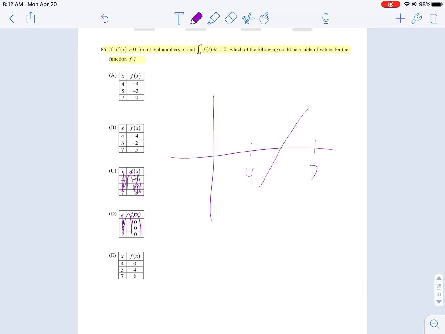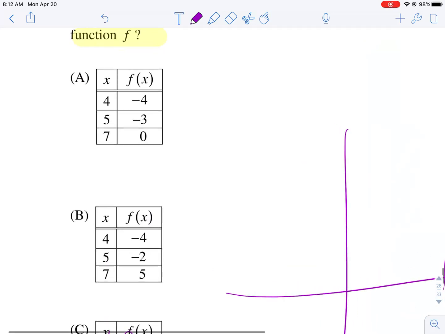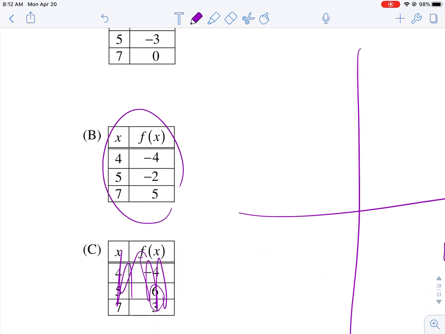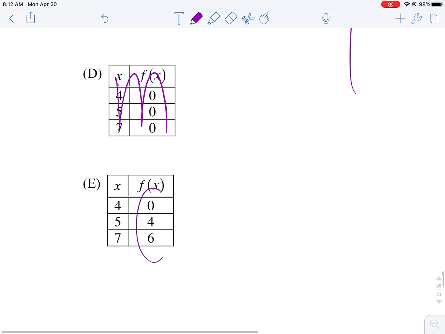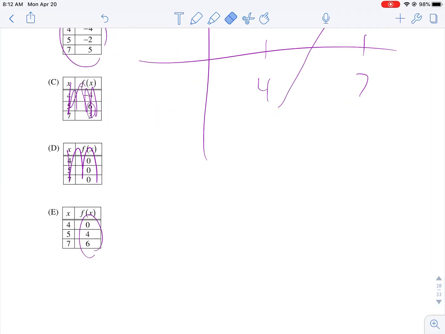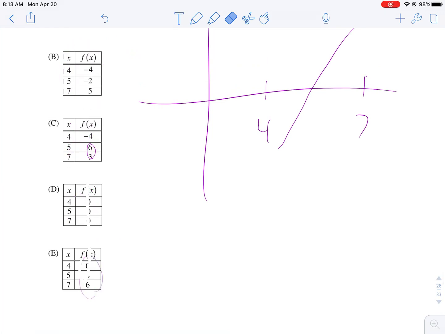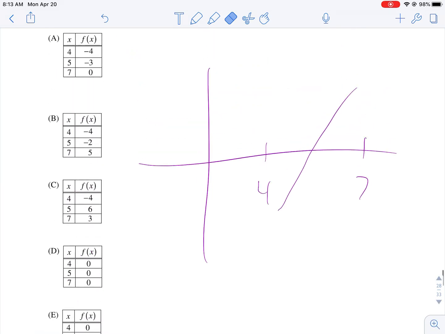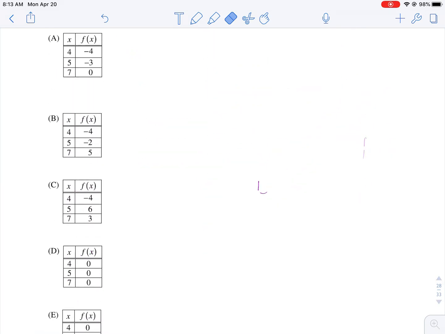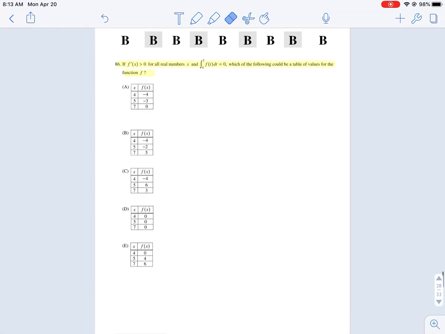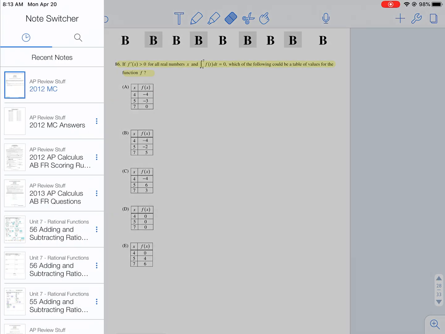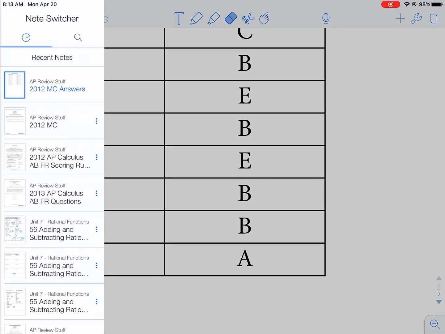And therefore, here it never changed to a positive value, so the area couldn't be 0, so it's not that one. So it has to be B, and it can't be D because it never had a negative area. The graph was never below the x-axis. Therefore, you can't get a negative area, which means you can't get an integral value of 0. So what did we say? The answer is B for 86.